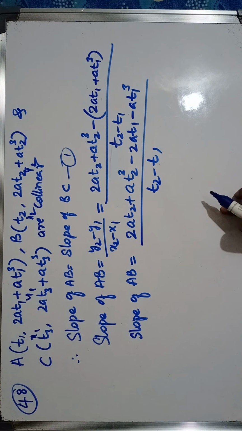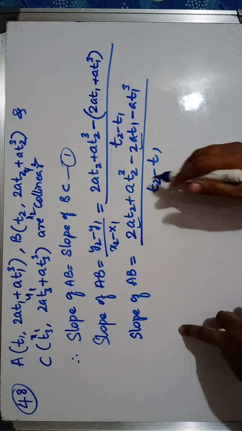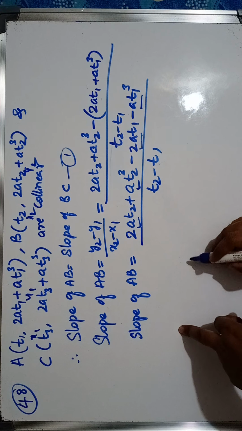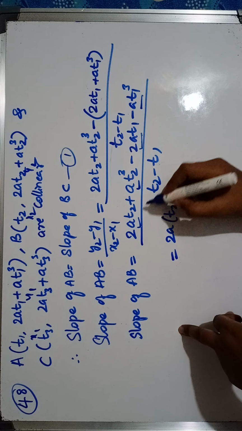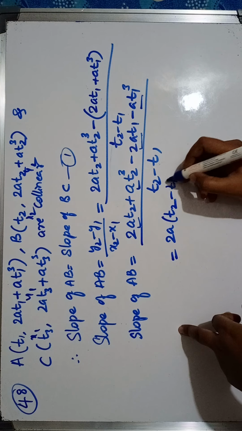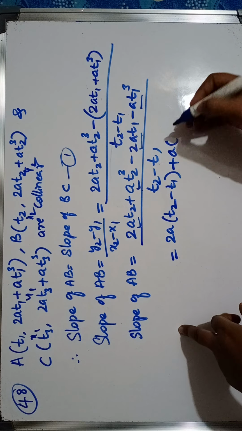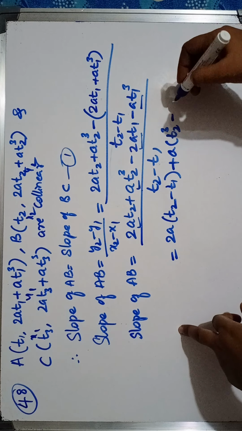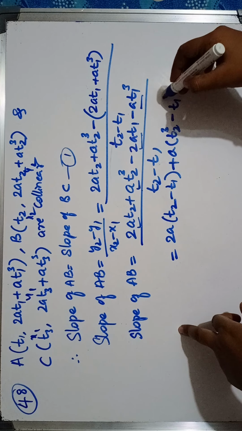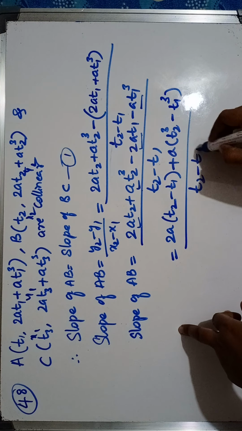Now from these two terms I can take 2a common, where I am left with t2 minus t1, and from these two terms I will take a common, leaving t2 cube minus t1 cube, divided by t2 minus t1.